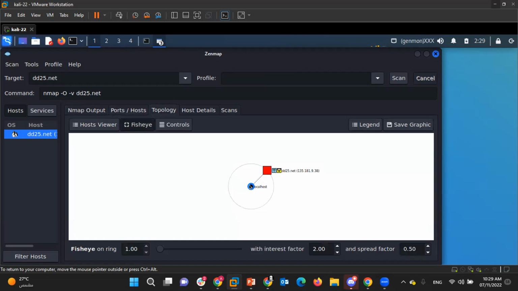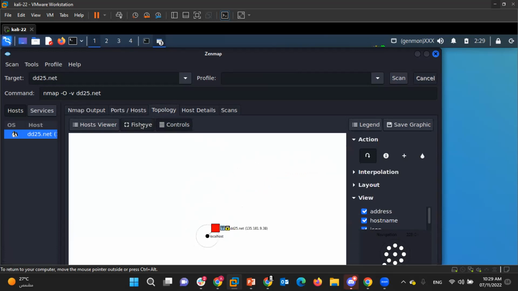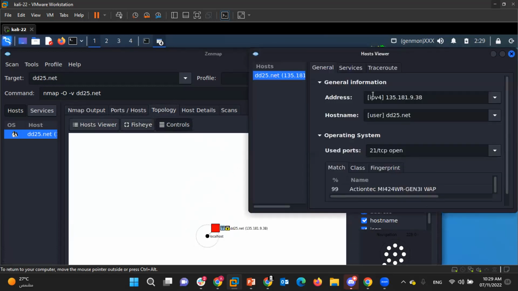This is localhost, my device here, and this is the dd.net server. This is the host viewer, the IP for the server, the host name, and the ports. Port 21 FTP is open and 22 is closed.